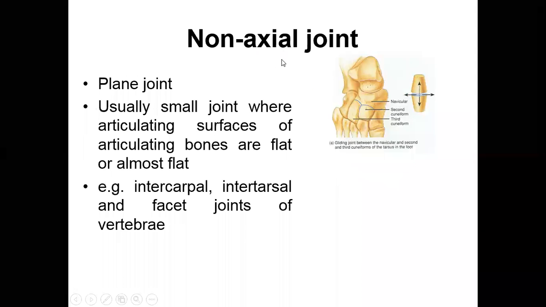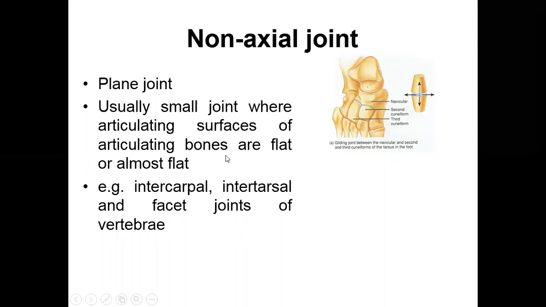Coming to the next one, that is non-axial. Here you don't have an axis. In fact, the movements are very minimal, which are called plane joints. Plane joints are very small joints where the articulating surfaces are plane. So the two bones, when they are approximating with each other to form a joint, their articulating surfaces are plane or almost flat.